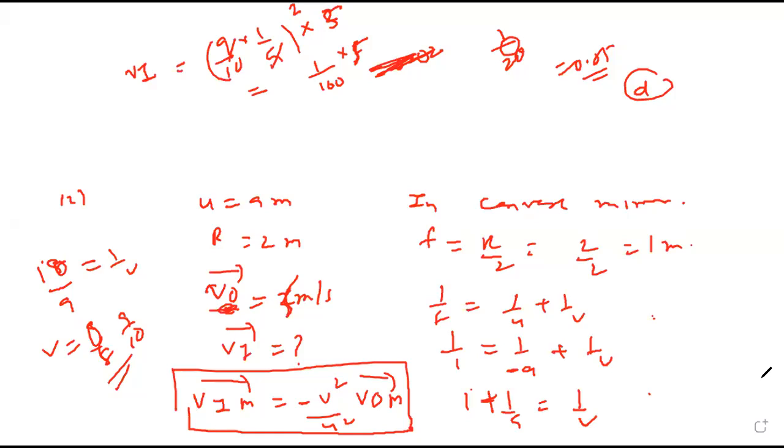Is it correct now? Is it between pole and focus? Yes. So when the object is between pole and focus, its image will be virtual, erect and magnified.